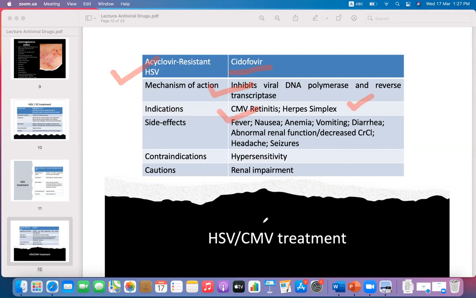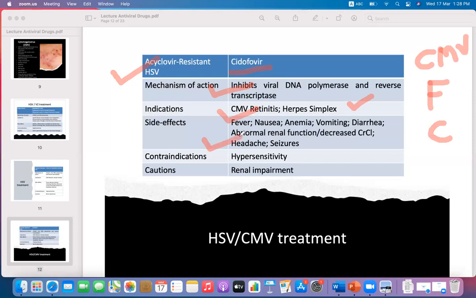So for cytomegalovirus, we have seen two drugs. The first one is foscarnet and the second one is cidofovir: F and C, foscarnet and cidofovir. What are the adverse effects? Nausea, anemia, fever, vomiting, diarrhea, abnormal renal function, decreased creatinine clearance, headache, and seizure.